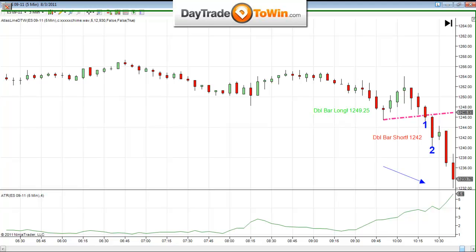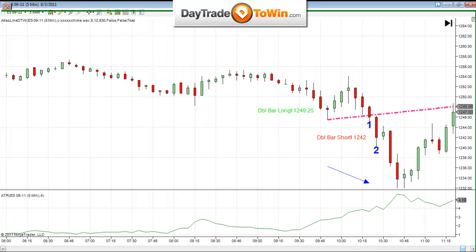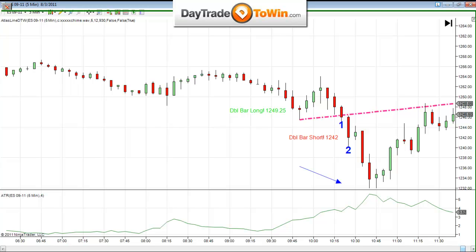Now, besides this double bar long, double bar short, the Atlas line gives you more trades than just these two. There are bounce trades. There are trade crosses, which I don't even use because they're only for volatile times or when there's a news event. Not only that, if a trend continues, I am looking for a pullback trade.